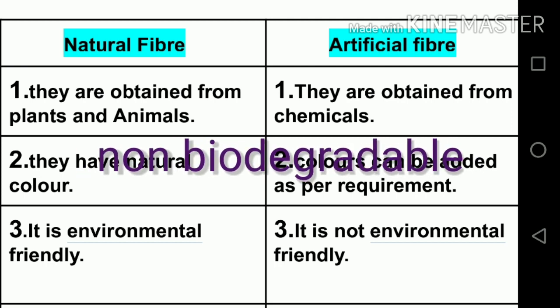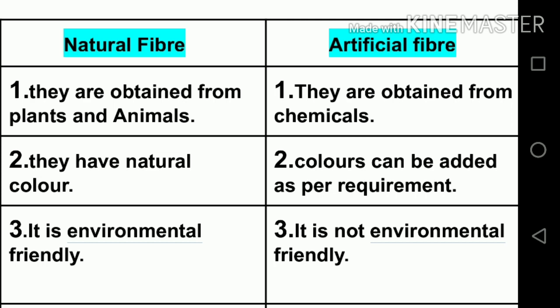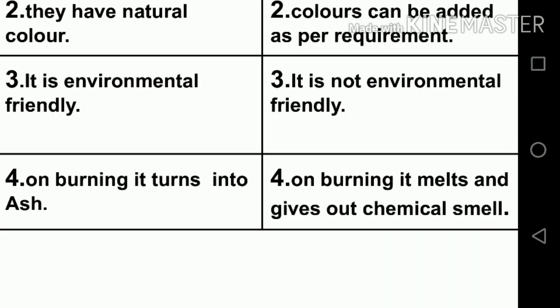They are not rotted by any kind of organisms. There are many more differences, but natural fibers are expensive, while artificial fibers are cheaper. And on burning, natural fiber turns into ash.